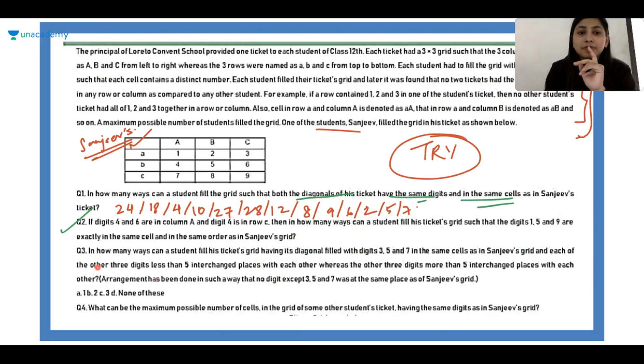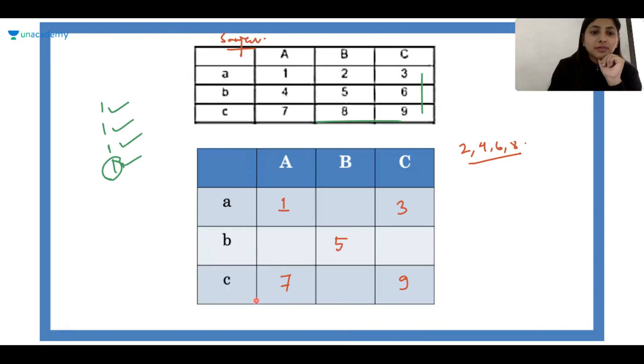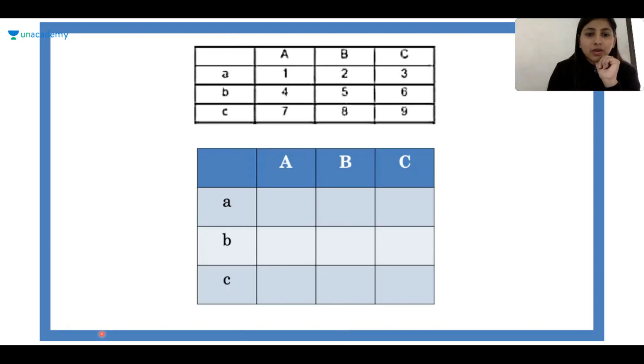Second question. If digits 4 and 6 are in column A and digit 4 is in row C, just use it and fill the thing. 4 and 6 are in column A and 4 is in row C. That is what is given.